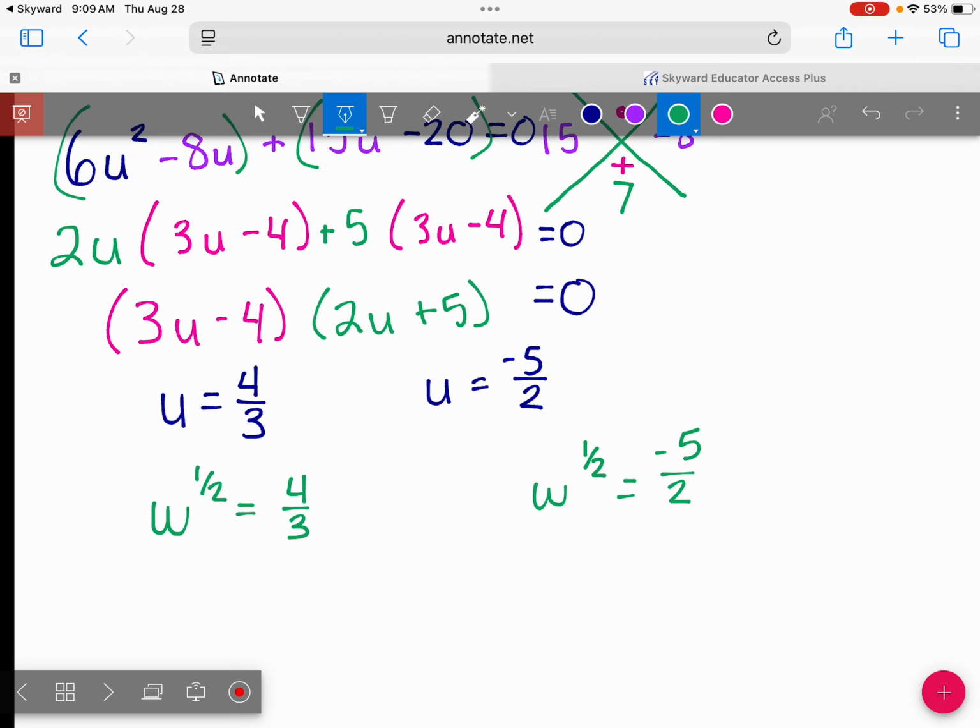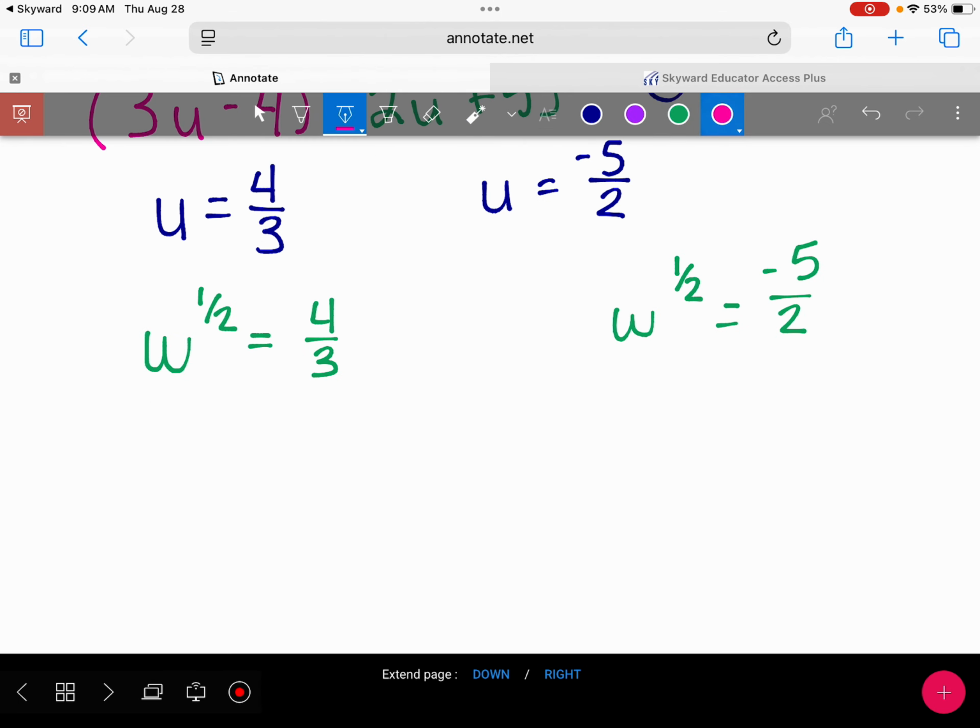We don't have negatives. What does a 1/2 exponent mean? Square root. So this is the same thing as saying the square root of W equals 4/3. And the square root of W equals negative 5 halves. So when in doubt, switch it to be rational roots like this.